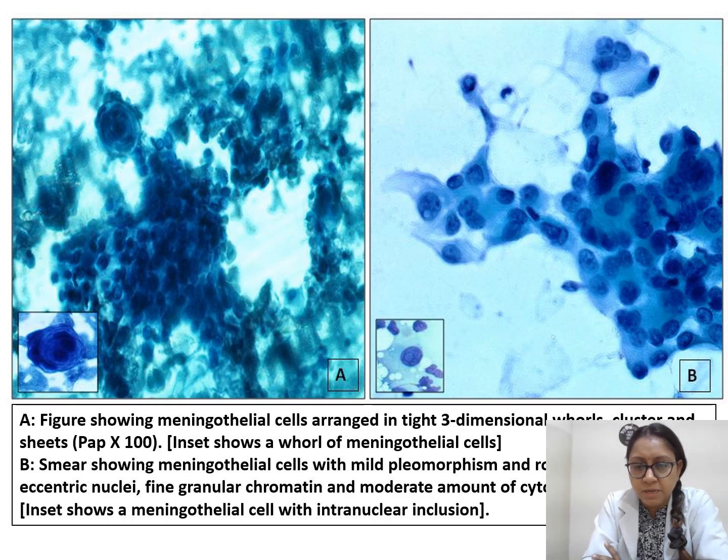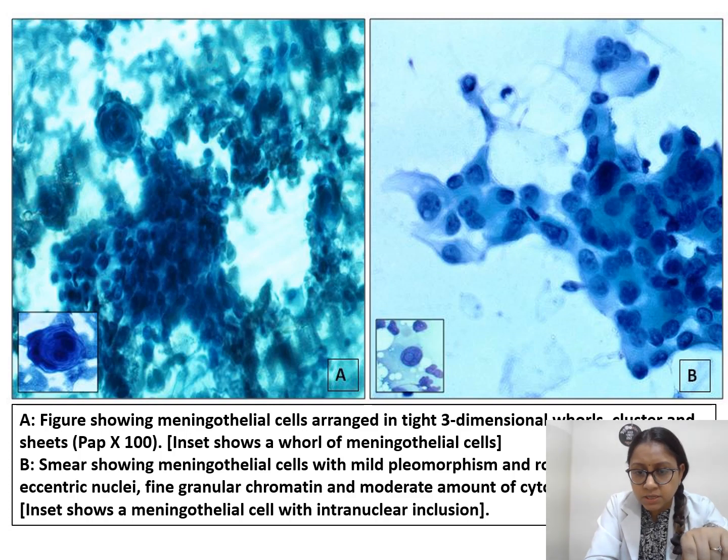In figure B, when we go to higher power, the morphology of individual cells is much clearer. What you see here is smears showing meningoepithelial cells with mild pleomorphism, round to oval shaped nuclei which are eccentrically placed, and inside the nuclei you can see intranuclear inclusions. I put an image of that in the inset.